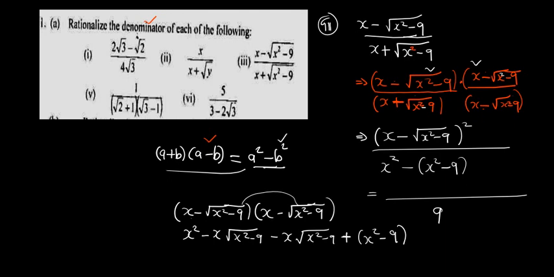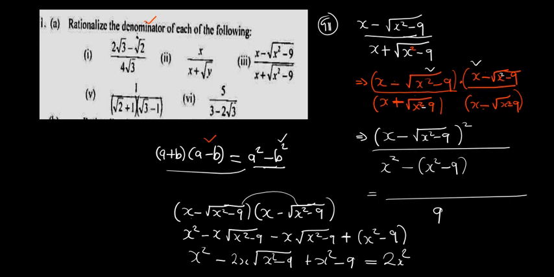Okay, so this means that we have x squared. When we add these two, we are getting negative 2x root x squared minus 9, then plus x squared minus 9. So x squared and x squared give us 2x squared.